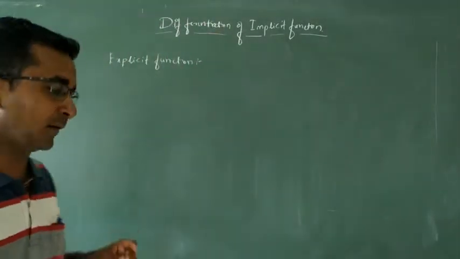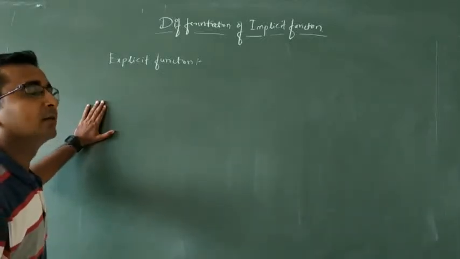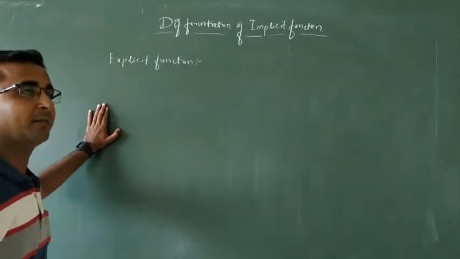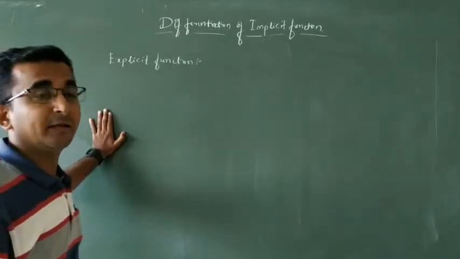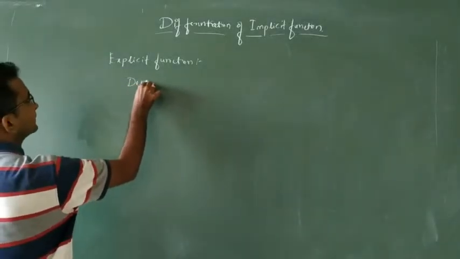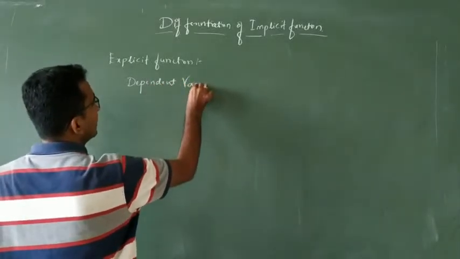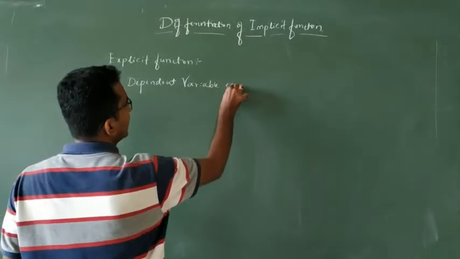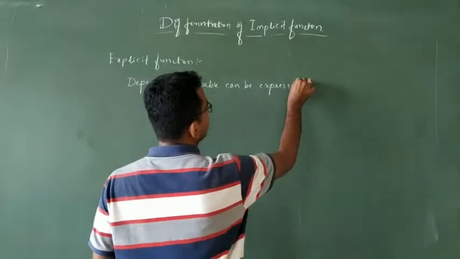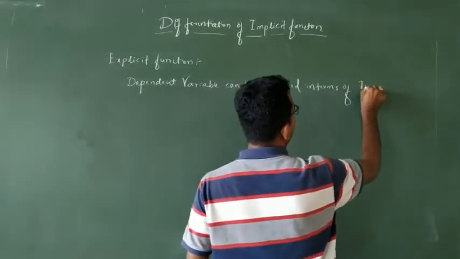So what is meant by the explicit function? Explicit is where the function is expressed, or else we can say that the dependent variable can be expressed in terms of the independent variable.